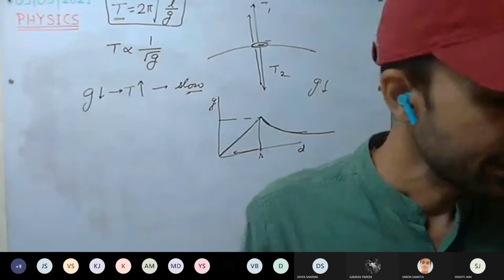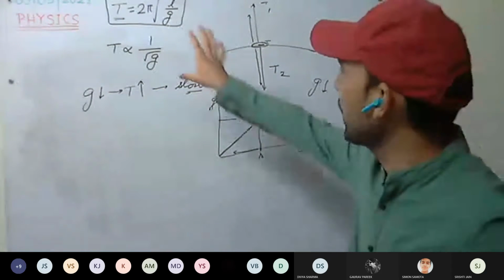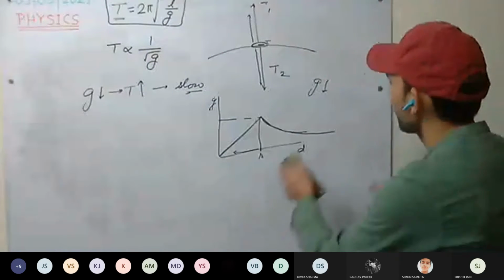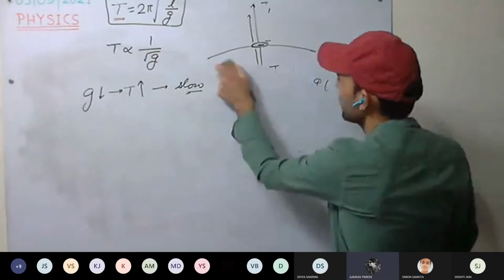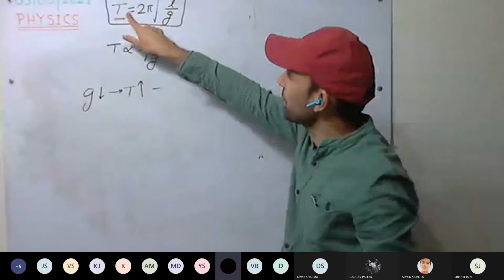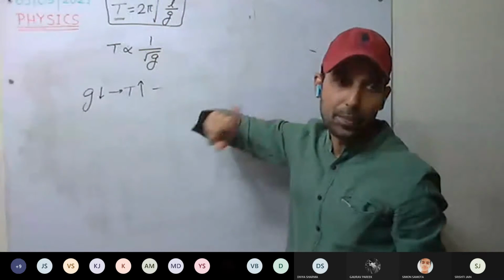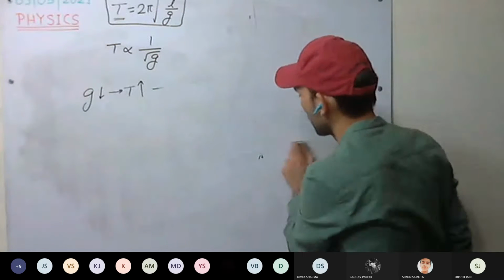Okay. Two more things we will discuss and then we'll leave. Time period of oscillation: does it depend on the mass of the bob? Time period is not related to the mass of the bob anywhere. So the time period of the pendulum does not depend on the mass of the bob.